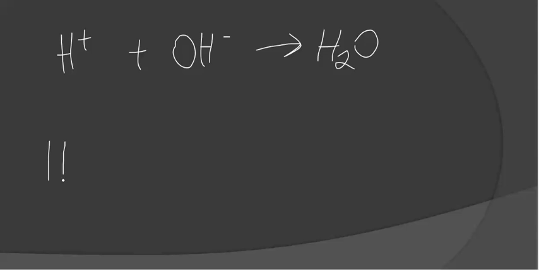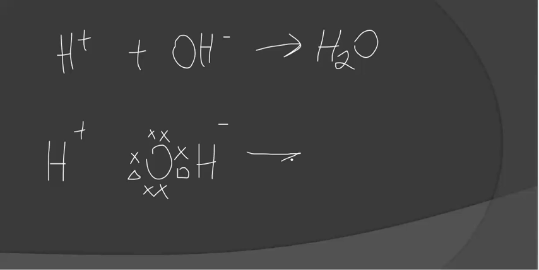Well, the Lewis dot structure for H+ has no valence electrons because the plus means we've lost the one valence electron that it had. OH- looks like this. Hydrogen has 1, oxygen has 6, but since there's a minus, we add an electron somewhere.